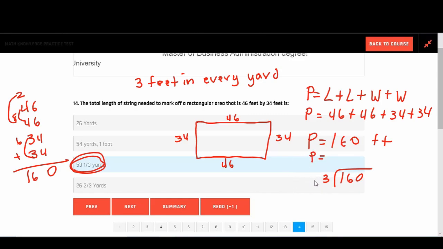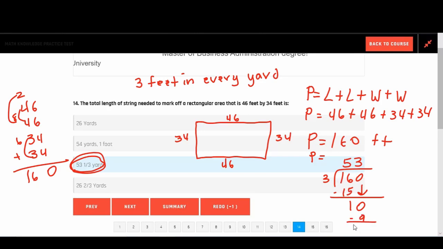3 goes into 1? It doesn't, it's too small. 3 goes into 16 5 times without going over. 5 times 3, of course, is 15. We subtract. 16 minus 15 is 1. We drop down this 0. 3 goes into 10 3 times without going over. 3 times 3 is 9.